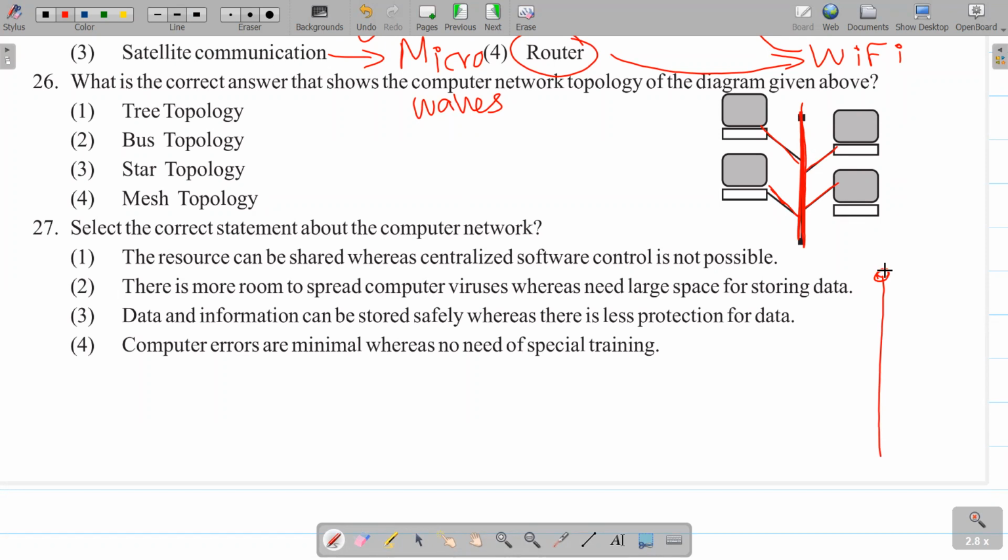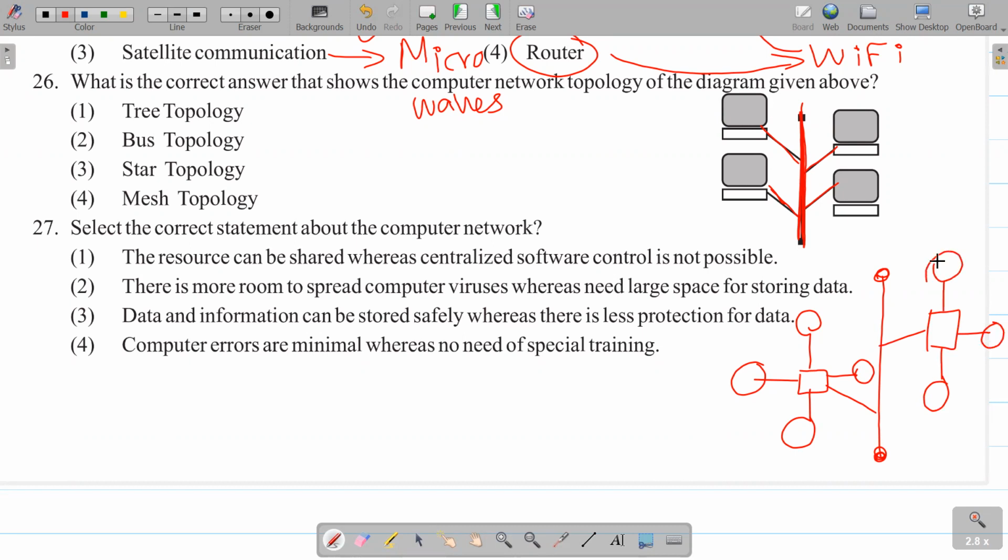It also has a bus, but on a branch, we may find another topology, like star topology. So when two or more topologies are connected together, then we can consider it as tree topology, like this. So what you can see here is a bus. So the correct answer is going to be the bus topology.